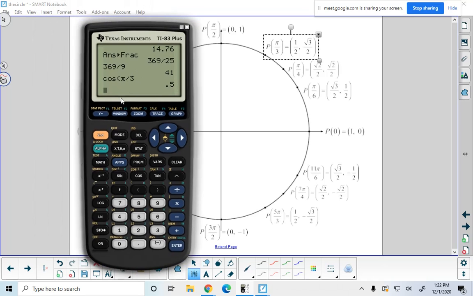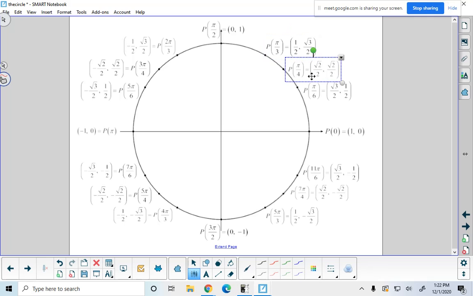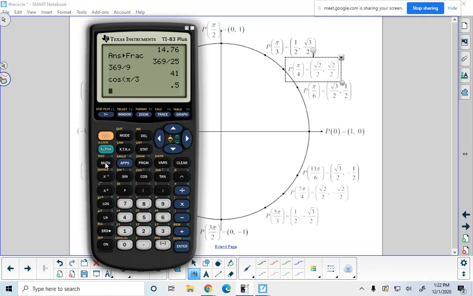Let's take the cosine of pi over 4. Cosine of pi divided by 4, and we get 0.7071. But 0.7071 is the same as the square root of 2 divided by 2.